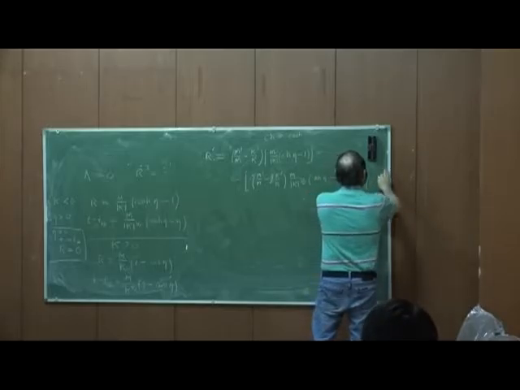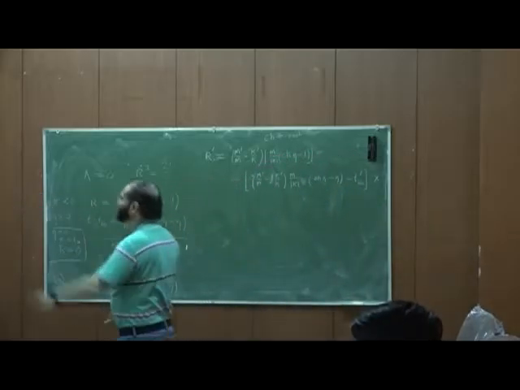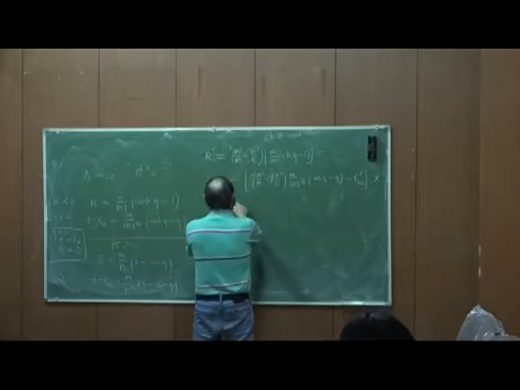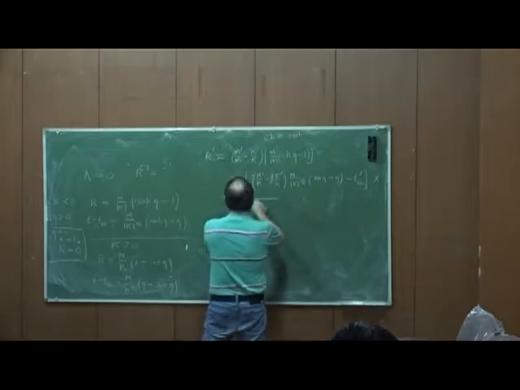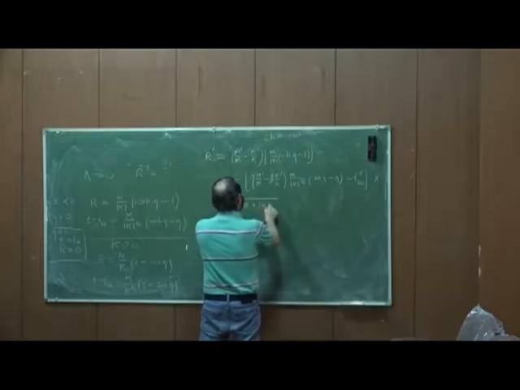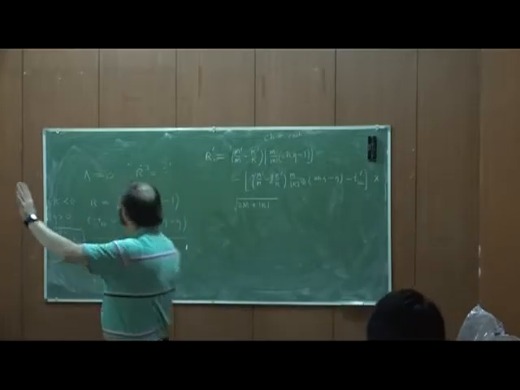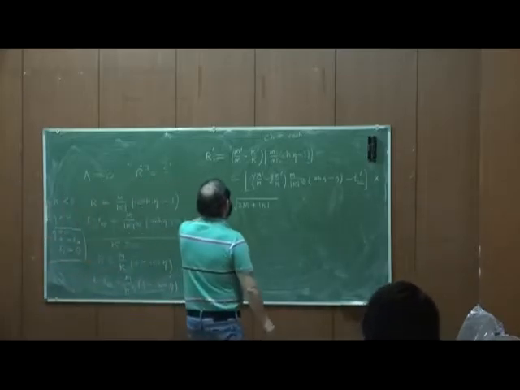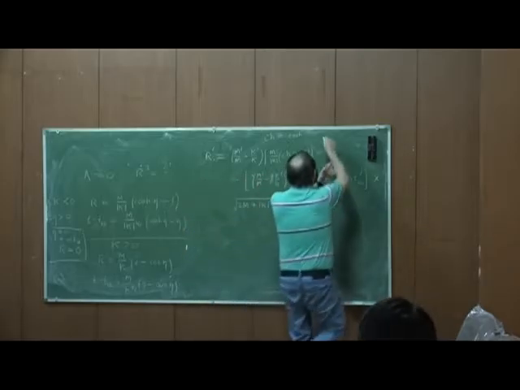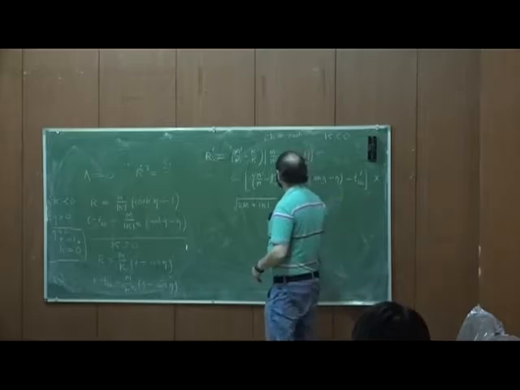And then times R dot. But R dot we have there: root of 2M minus KR. It is going to be the square root of 2M minus 2m. Well, it is actually something like this, because remember that k is negative everywhere here.